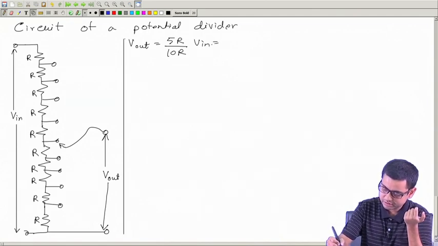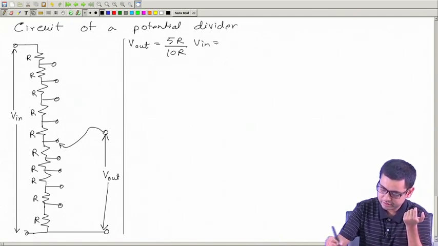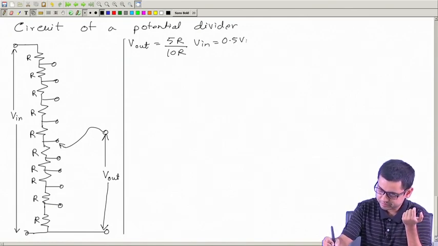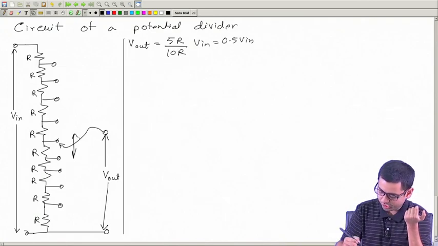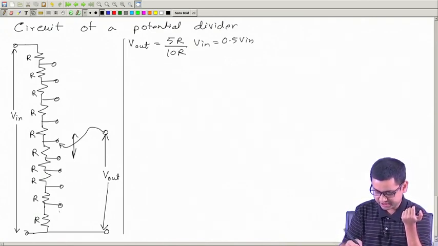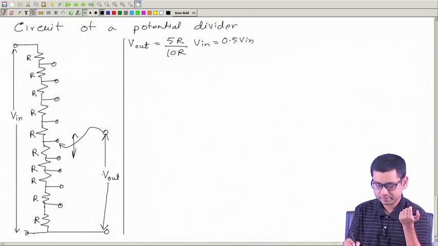So it is like 0.5 times V in. Now, we can move this jockey up or down, connect it here, here, or anywhere. Accordingly we can get V out, which is a fraction of V in.